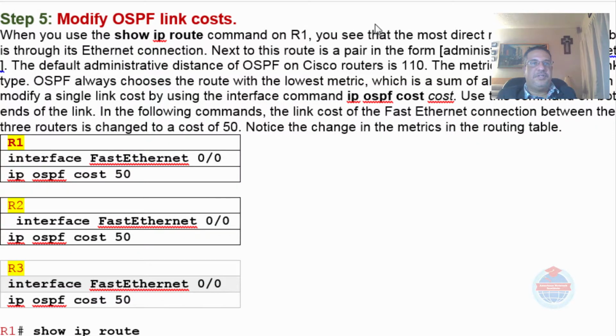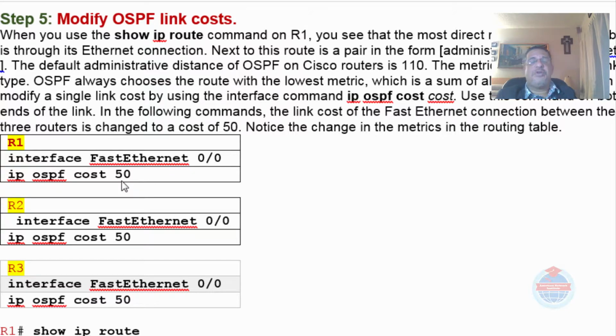In this exercise, we're gonna start jumping on step 5, modify the OSPF link cost. The default administrative distance on OSPF is 110. When we're talking about EIGRP, it's gonna be 90. On the fast Ethernet, the default cost is gonna be 1.